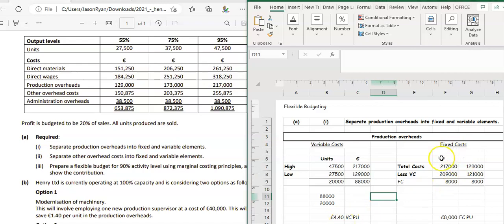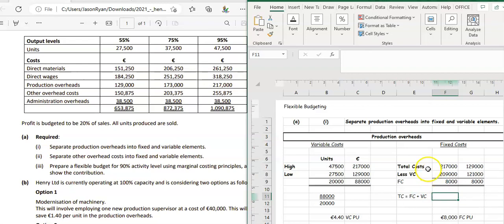Then to find your fixed costs, you're going to take your total costs, which is this column here, and find the difference from your variable costs. And remember, total cost is equal to your fixed cost plus your variable cost.